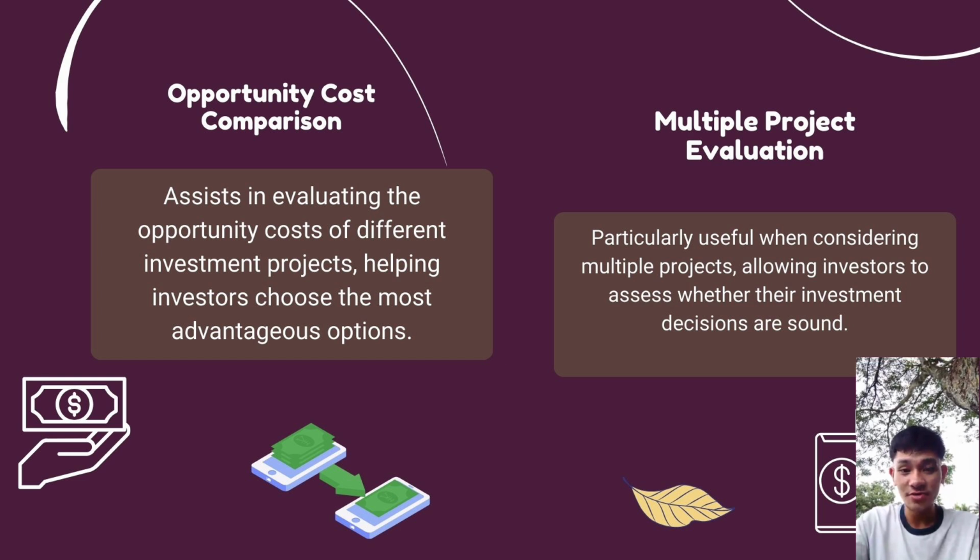Next is multiple project comparison. Particularly, it is useful when considering multiple projects, allowing investors to assess whether their investment decisions are sound. Imagine you have several projects you're working on, like building a house, baking a cake, and writing a book.